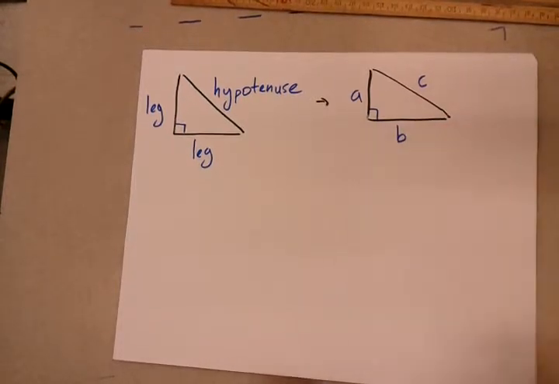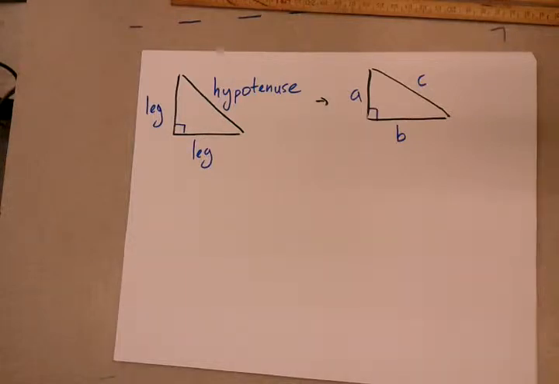The A and B are technically interchangeable. Either of the short sides could be A or B. Typically, A is the shortest side, B is the middle side, and C is always the long side. But you can interchange A and B. The only one that you can't interchange is the C. The C is always the long side, the hypotenuse.